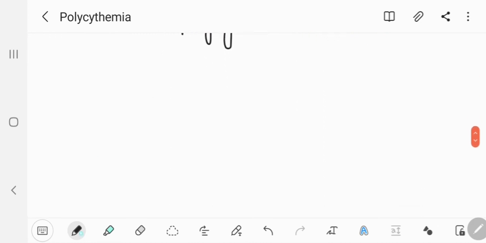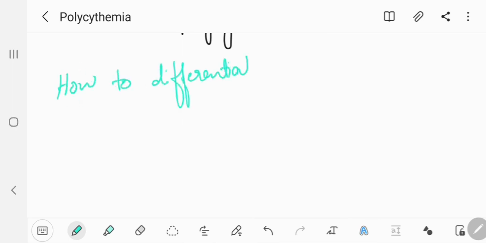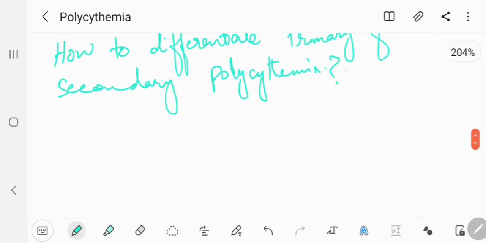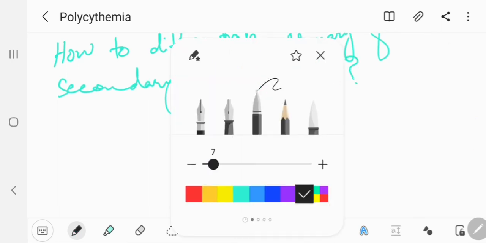How will we be able to differentiate primary polycythemia from secondary polycythemia? This is very simple, and if you know the physiology, we will be very much able to differentiate between the two on the basis of investigations.